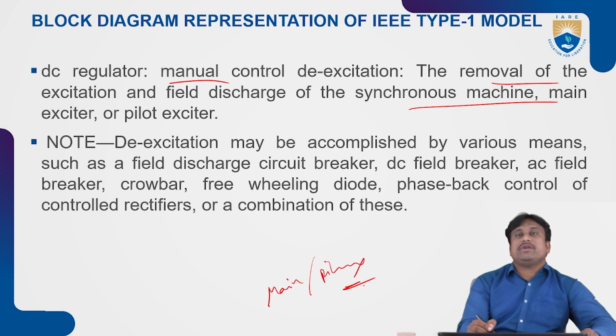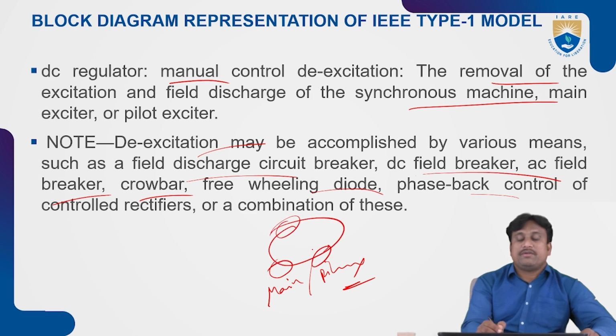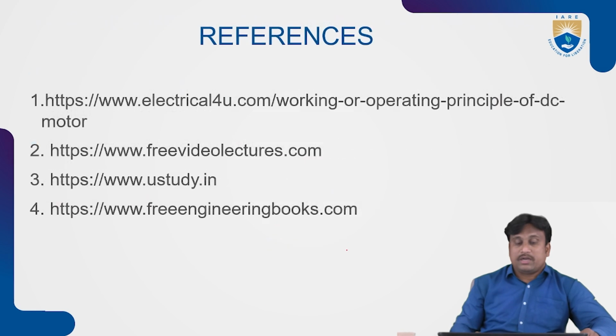So here one thing we need to remember is that DC excitation may be accomplished by various means like field discharge circuit breaker, DC field breaker, AC field breakers, crowbar setups, freewheeling diode, and phase back control of the controlled rectifiers. And the total combination may also be treated for functioning of the whole system. This gives suitable good results for the whole network.